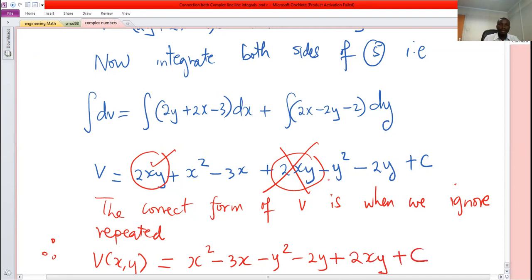But this and this were the same, so you delete one and pick one with these other terms which are not repeating themselves. So therefore the equation would be x squared minus y squared, and then minus 3x minus 2y, and then plus 2xy plus c. 1, 2, 3, 4, 5, 6. It has 6 terms.